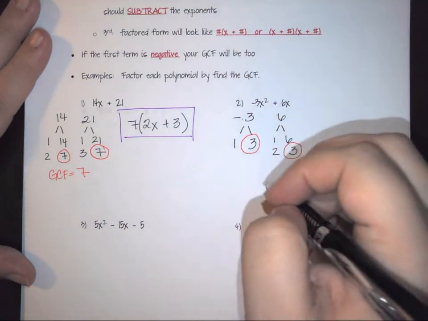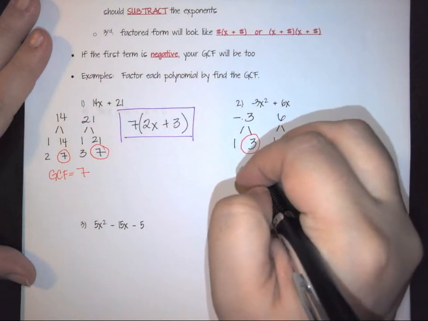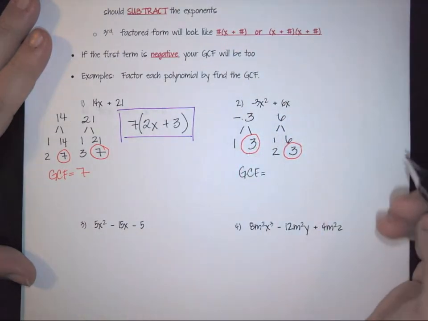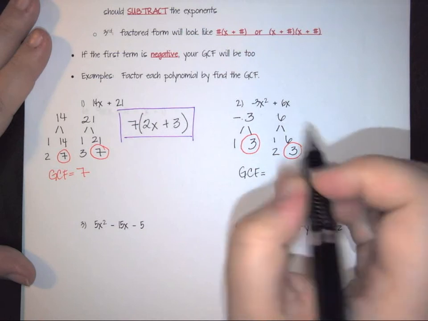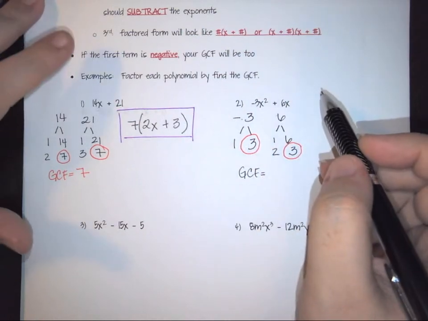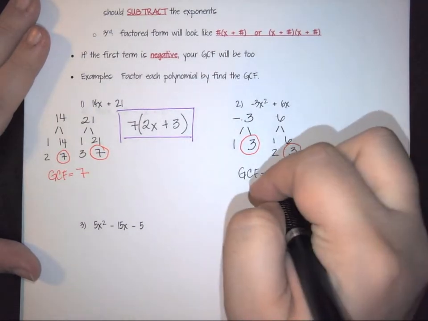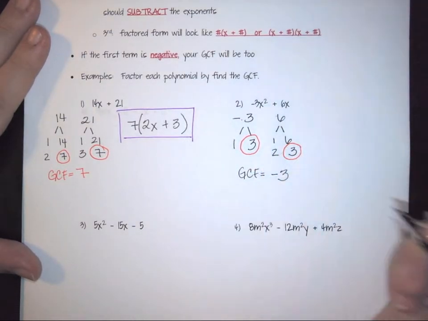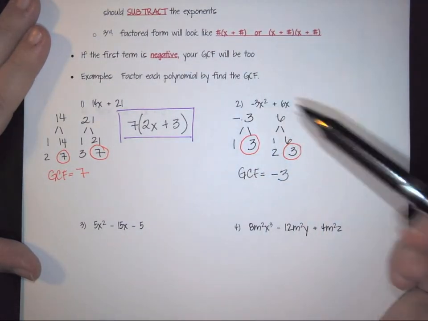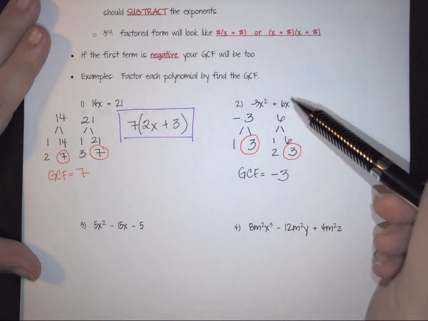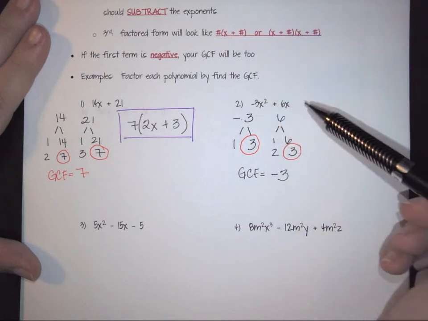So here, what we're actually going to pull out from my GCF in this case is the 3, but remember the rule says if the first term is negative, then so will your GCF be, so we're going to pull out the negative 3. Now, we also have x squared and x.